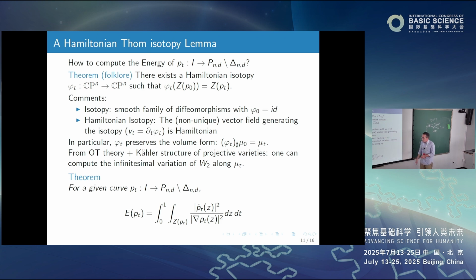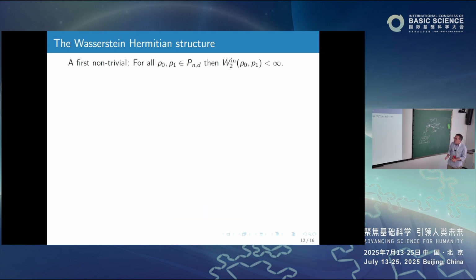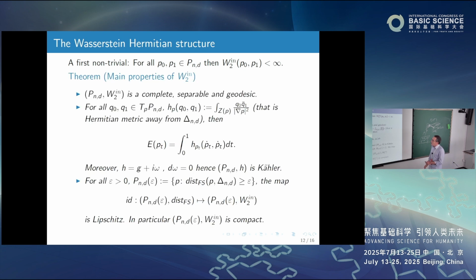I recall that the discriminant set is exactly where you have a point that annihilates both the polynomial and the gradient. So somehow your energy tries to avoid being on the discriminant, even though it is only defined outside of the discriminant. Okay, so this is the energy induced by the W2 structure over CPN.